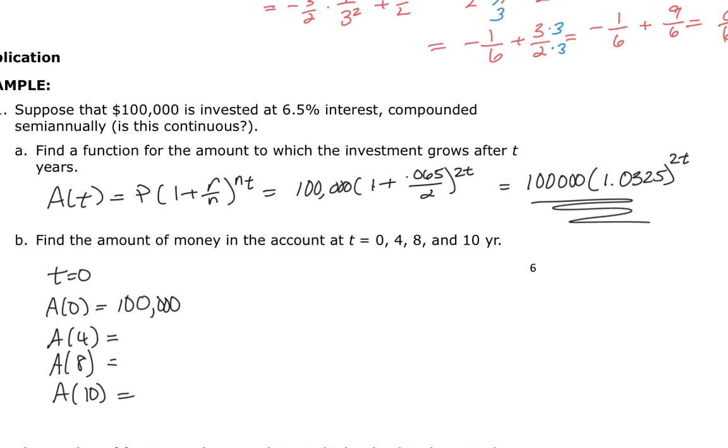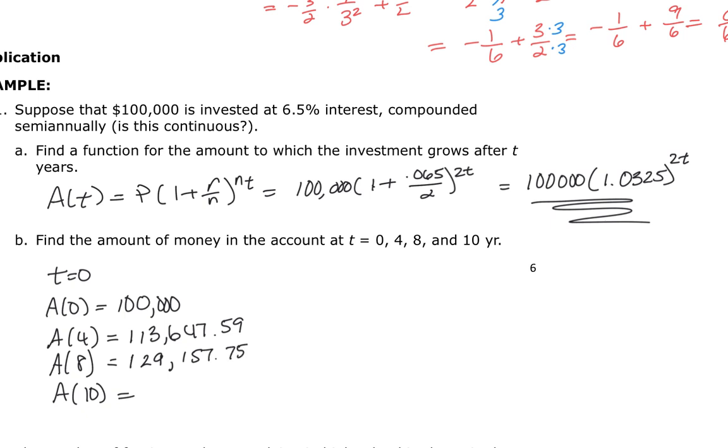When I put in 4, I'm going to get $113,647.59. When I put in 8, so I let it run for 8 years, I have 129,157.75.